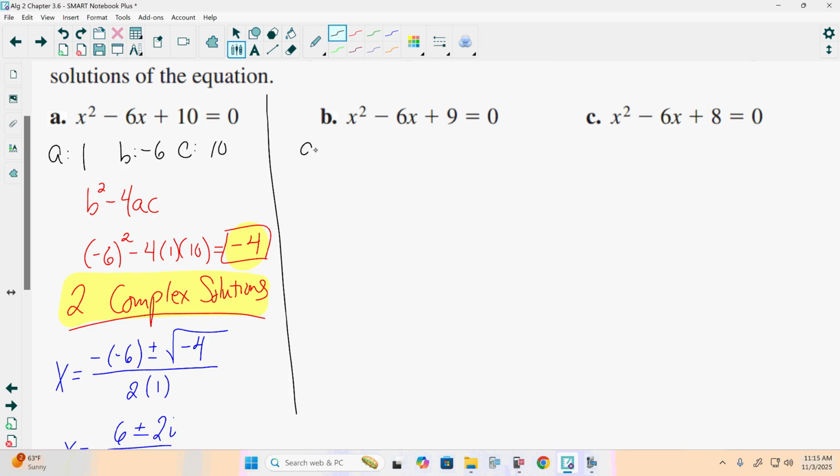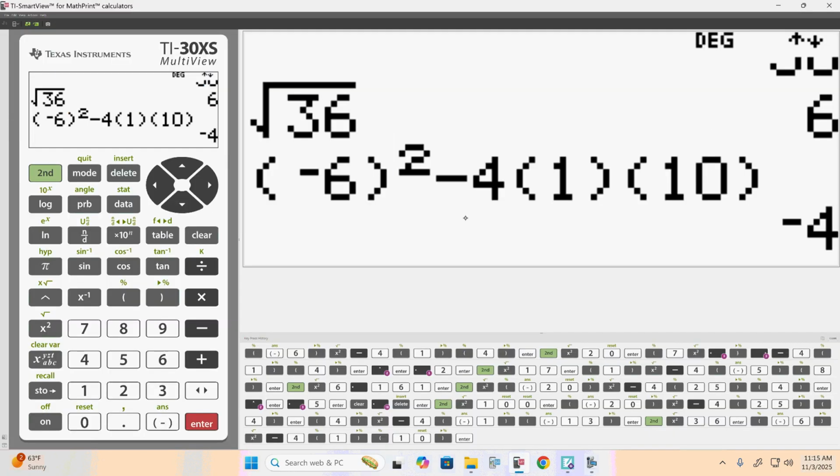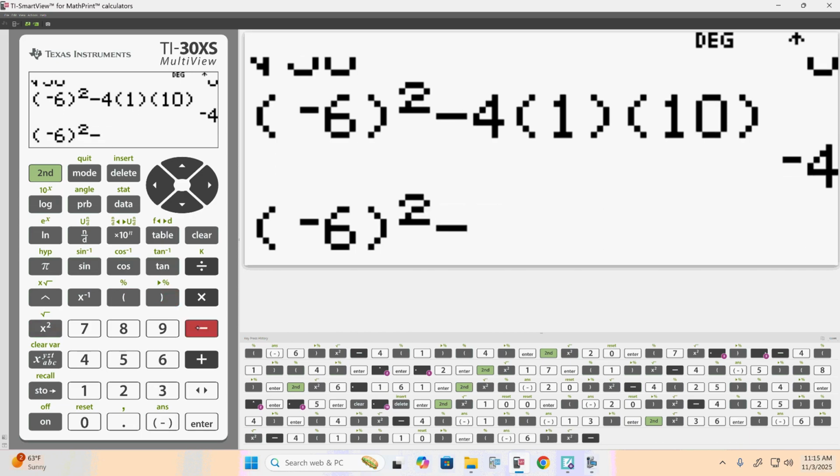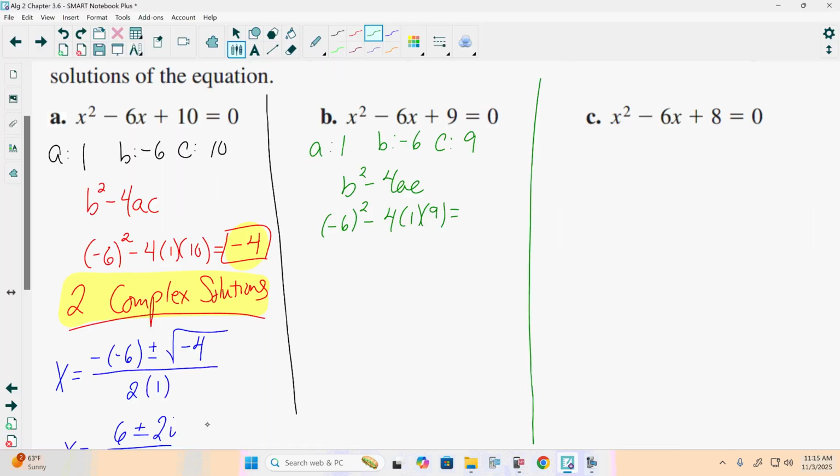Let's look at B. A, B, C. A is still 1, B is negative 6, and C is now 9. If we type it into our b squared minus 4ac, this time we get negative 6 squared minus 4 times 1 times 9, which is 0.